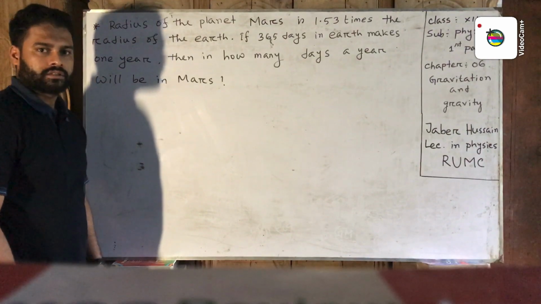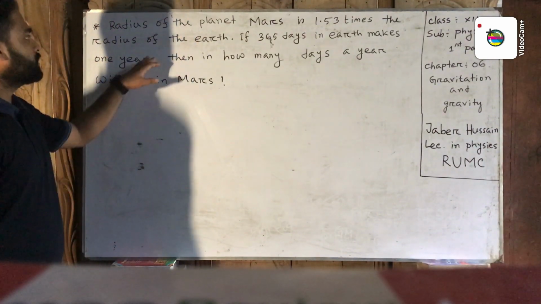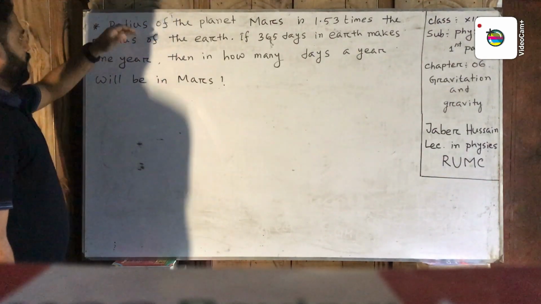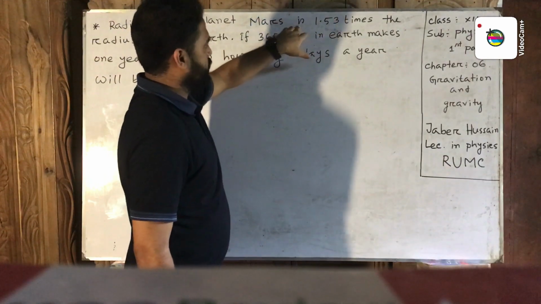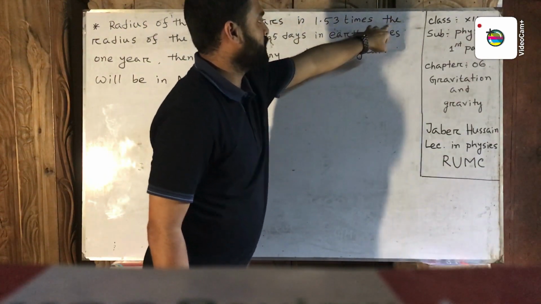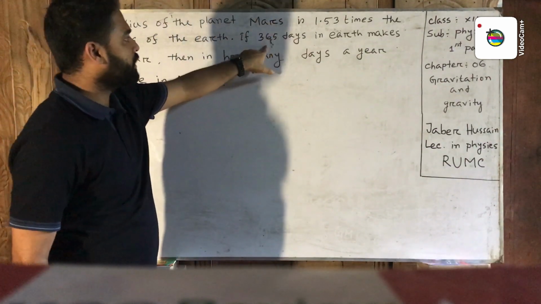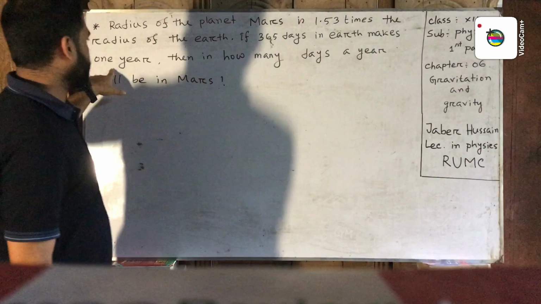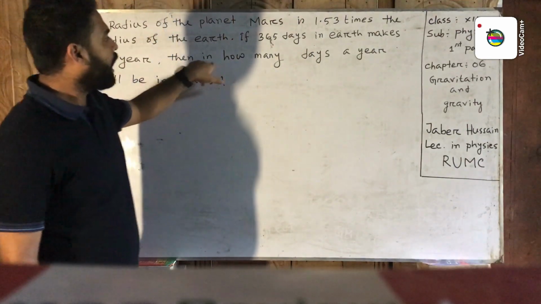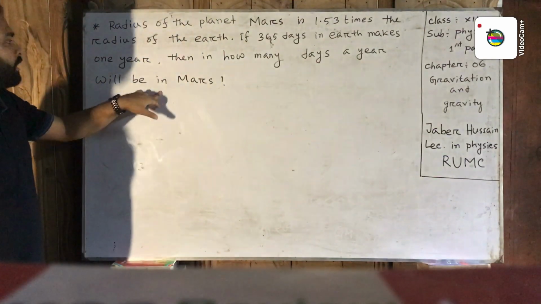Now let's solve a problem by using Kepler's third law. This is the problem. The radius of the planet Mars is 1.53 times the radius of the Earth. If 365 days on Earth makes 1 year, then how many days will a year be on Mars?